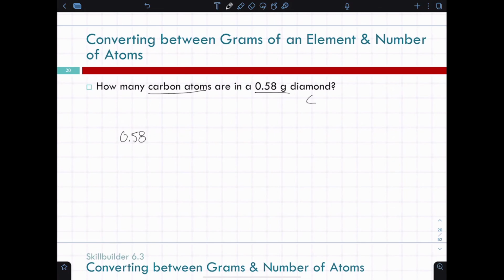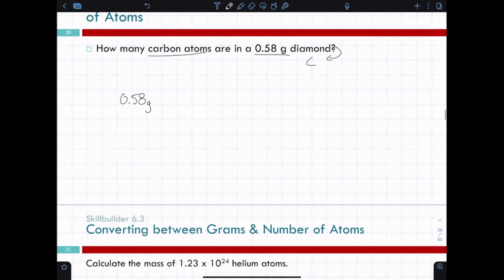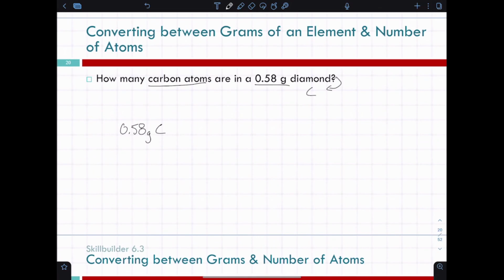I'm going to go ahead and make this conversion, that the diamond is made of carbon. So what we're really doing is converting 0.58 grams of carbon into atoms of carbon.